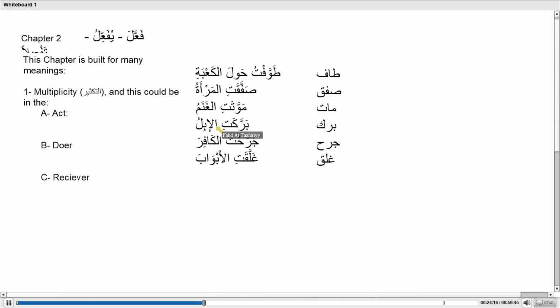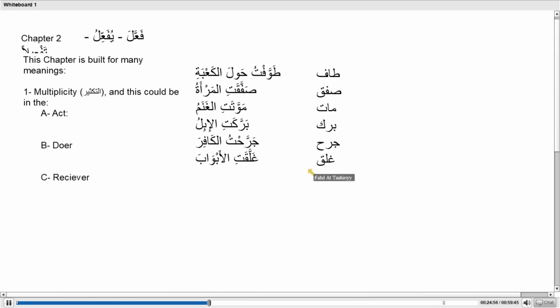طيب. بركت الإبل. بركت. You want to say that a lot of camels knelt down. Many. All you need to do is to double the middle letter. So you say بركت. بركت. Clear? بركت الإبل means the camels knelt down.